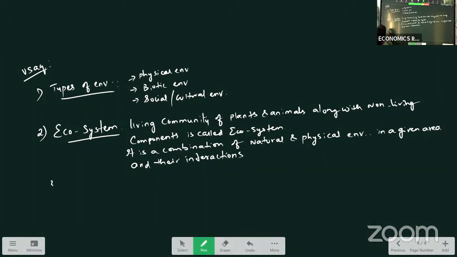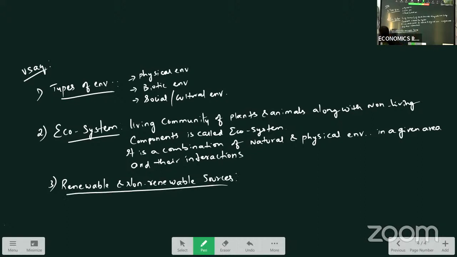So the next question is renewable and non-renewable sources. Renewable means what? In nature, certain resources can be regenerated again.